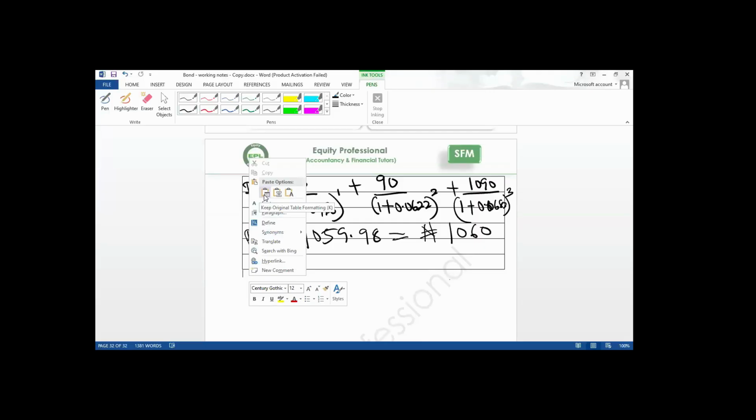To calculate right here, don't forget the yield to maturity of a bond is the internal rate of return of the cash flows for the bond.